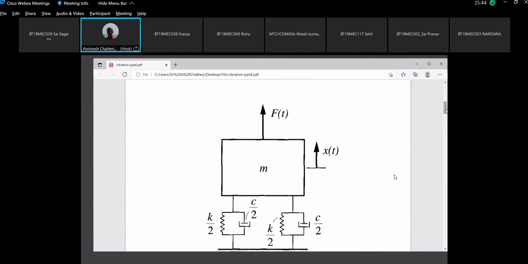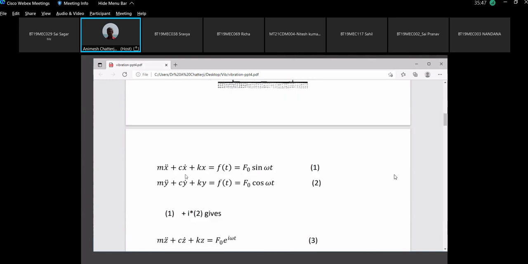This is the equation for the vertical direction and this is the equation for the horizontal direction. Of course, I have assumed that the stiffness in the horizontal direction is the same as in the vertical direction. It doesn't matter even if they are different.